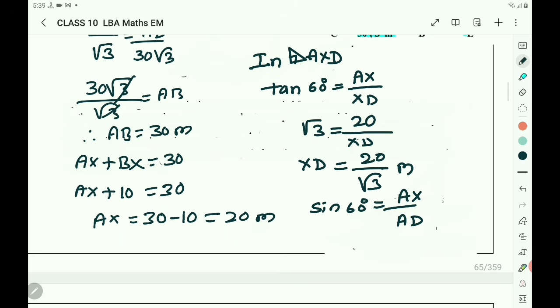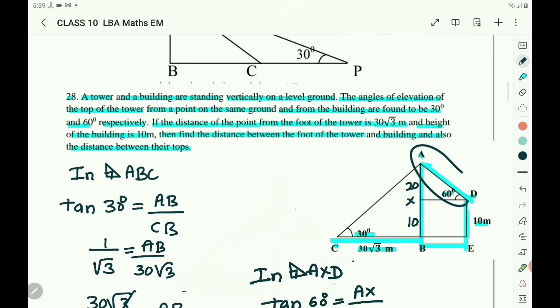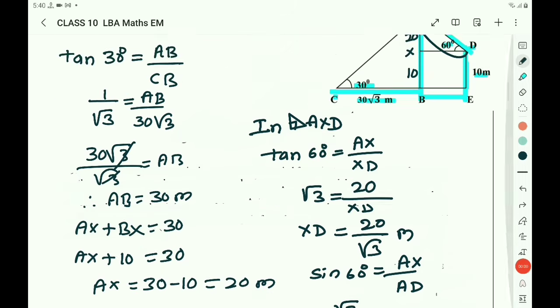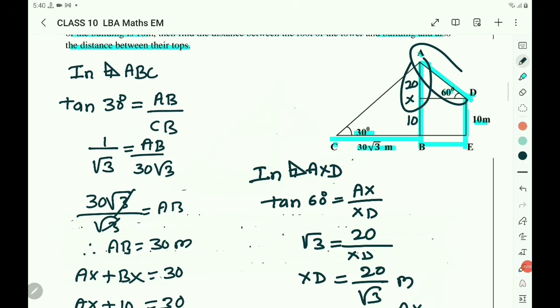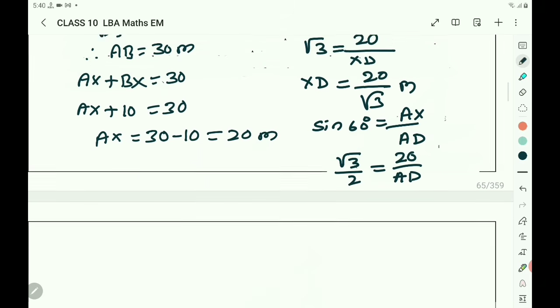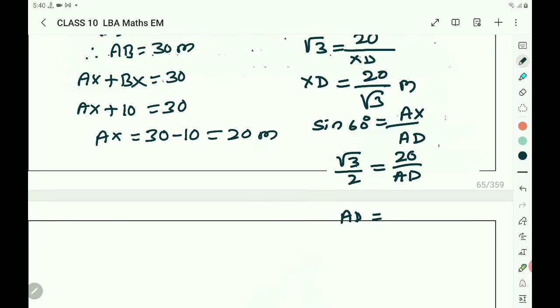Sin 60 is root 3 by 2 equals AX by AD, which is to be found out here. AX is 20 by AD. Then root 3 into AD is equal to 20 into 2. Then AD is equal to 20 into 2 is 40, 40 by root 3 meter.